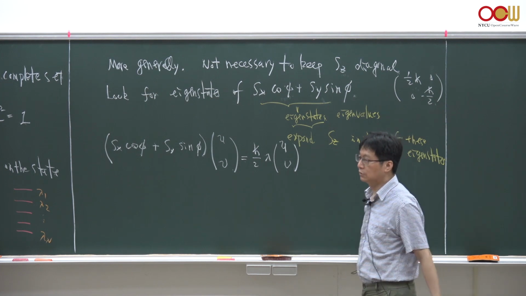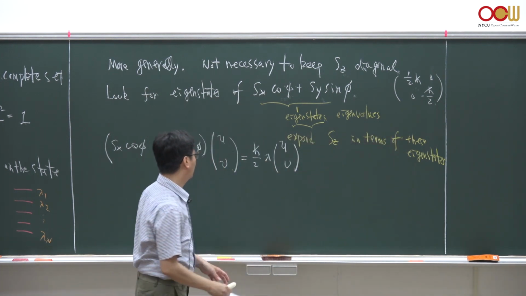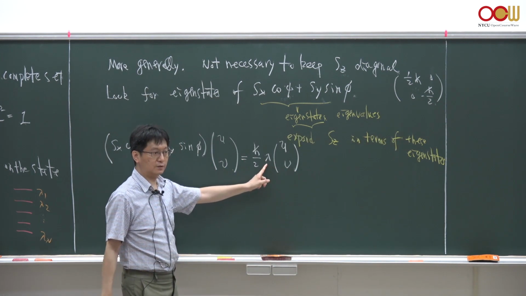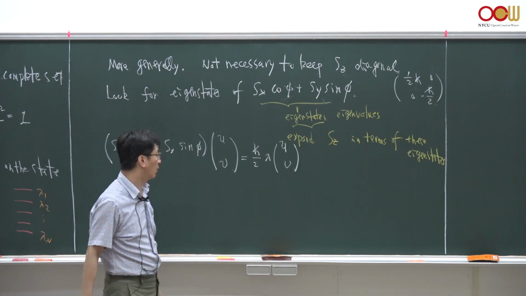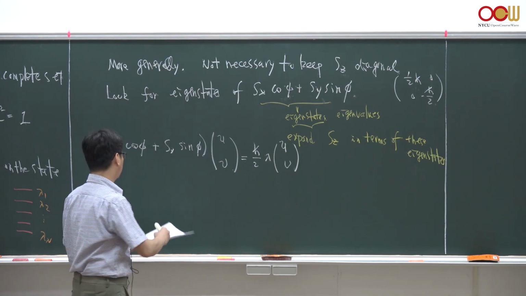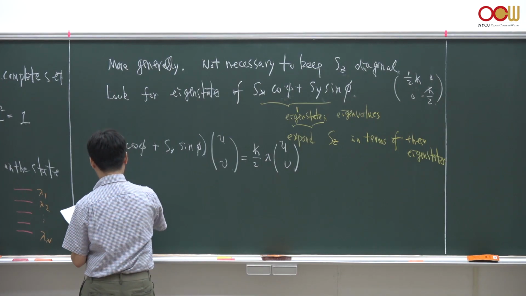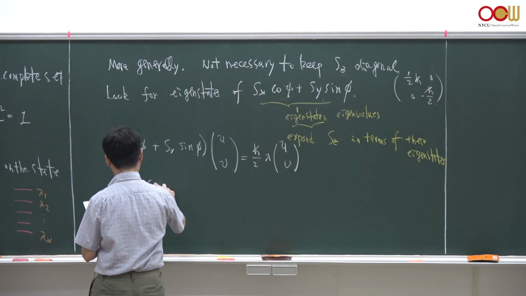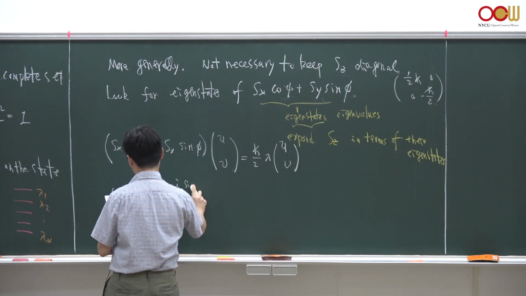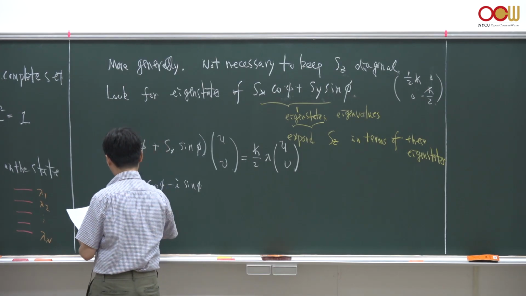The magnitude of these eigenvalues must be 1/2 h bar, but the problem is the sign, lambda is plus or minus 1. This is your eigenvalue equation, and you could very easily solve for this 2x2 eigenvalues and eigenvectors.